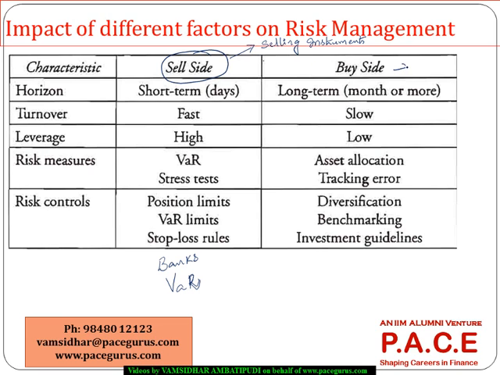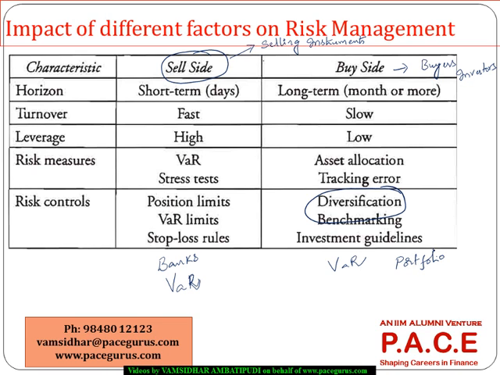But when it comes to the buy side, people who buy those instruments, they are the investors. And investors, very recently, started using these value at risk mechanisms to protect themselves, but generally they get into mechanisms like diversification and portfolio construction.